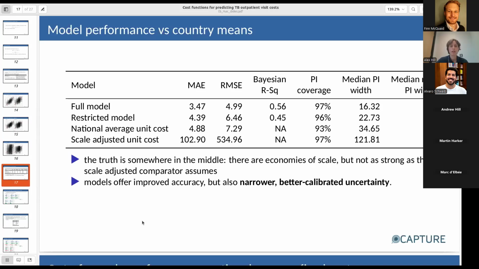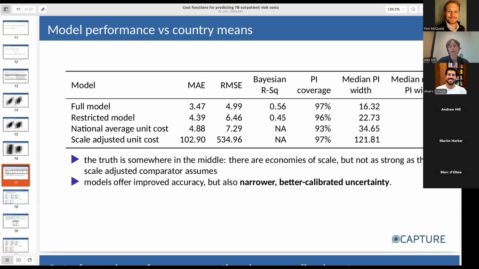So the full model obviously does best. The restricted model does all right. Then the average unit cost approach, in terms of absolute error, so this is mean absolute error in the first column. When I say unit cost, this is the fixed cost per visit.